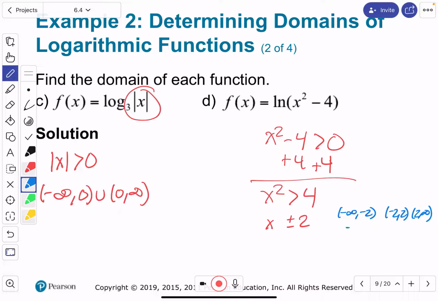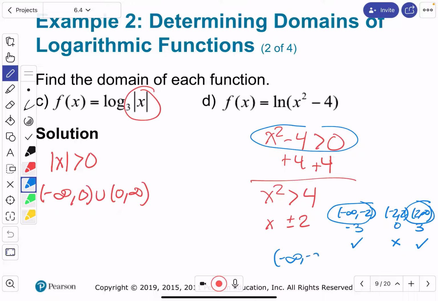If I test negative 3 in our original expression, that comes out to 5, which is greater than 0. If I test 0, that comes out to a negative number, not greater than 0. If I test positive 3, it comes out to 5, also greater than 0. So we'd use those two intervals for our domain.